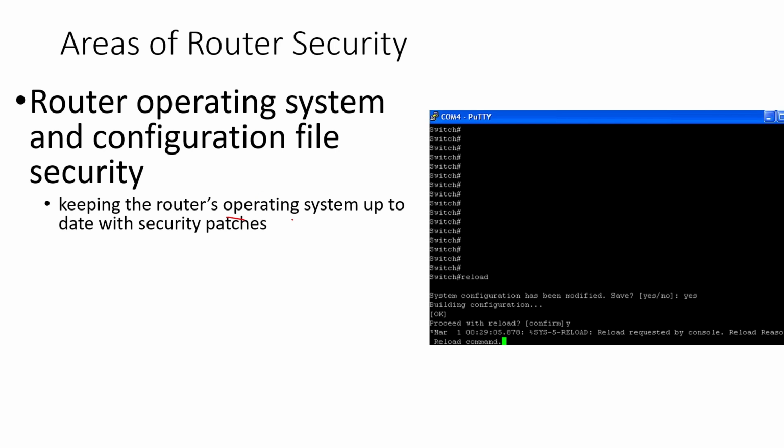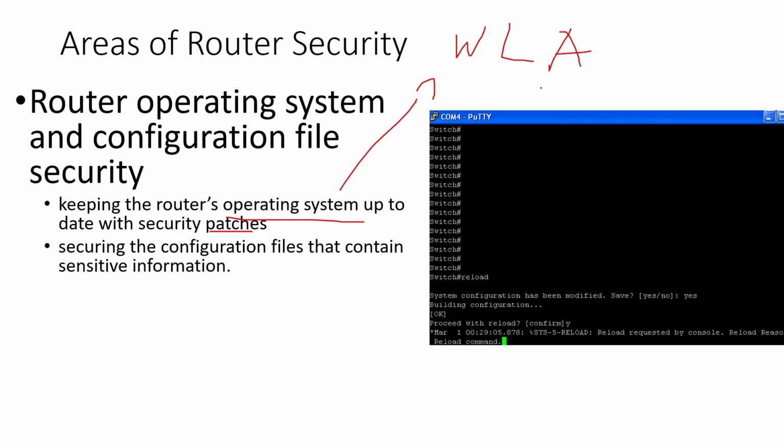You must keep your OS up to date with the security patches. This is just like Windows, Linux, Android, in which there are security updates being published or released because there are new exploits or new problems that might have been discovered by the creators of this router's operating system.